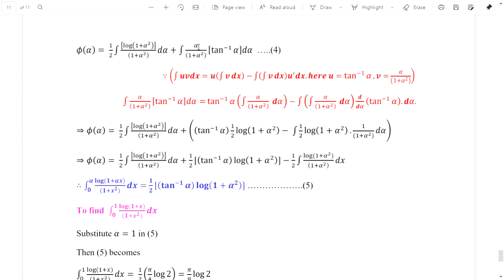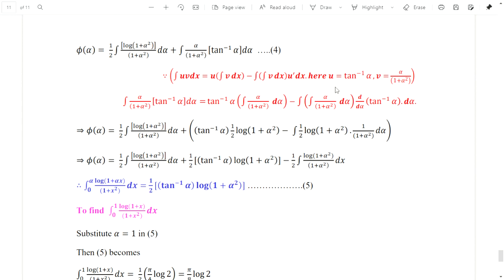This is in the form of u into v. And we know the formula for integral of uv, that is equal to u into integral of v dx minus integral of integral of v dx into du by dx into dx. Here u is tan inverse alpha, v is alpha by 1 plus alpha squared.